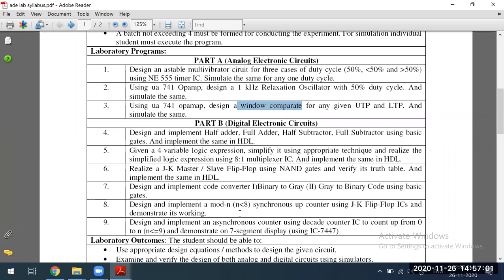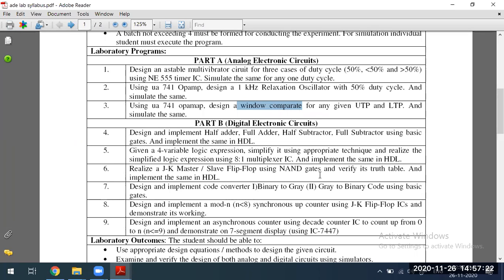Window means some range. The experiment is: using a 741 operational amplifier, design a window comparator for any given upper threshold point and lower threshold point and simulate the same.